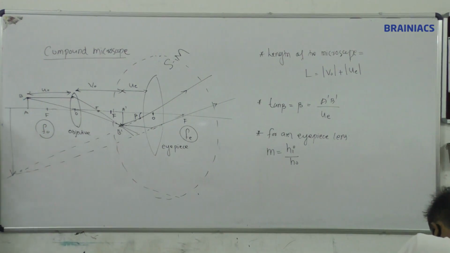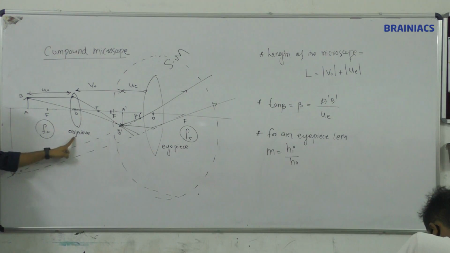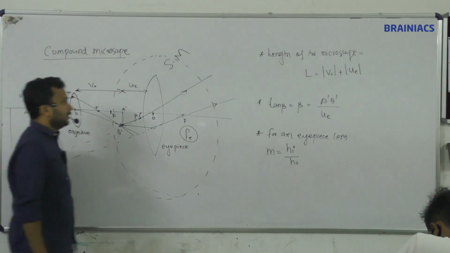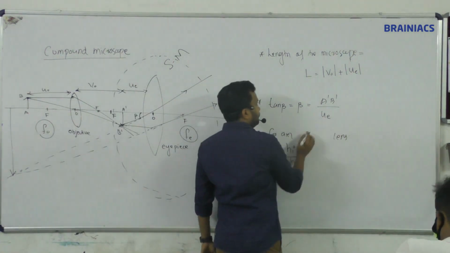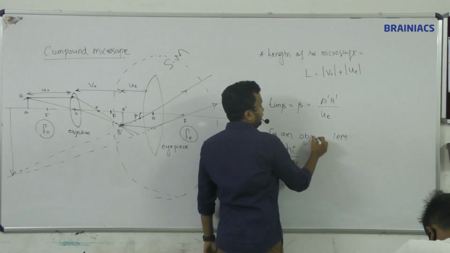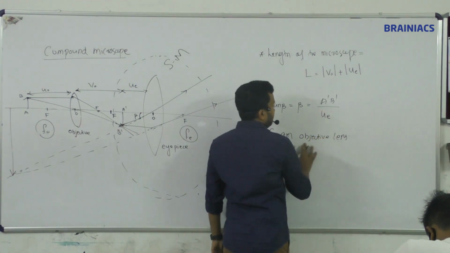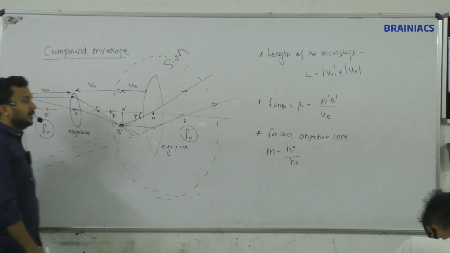Correct? Magnification, height of image by height of object. Eyepiece for an objective lens, not for an eyepiece lens, for an objective lens. Writing mistakes. For an objective lens, height of image by height of object.